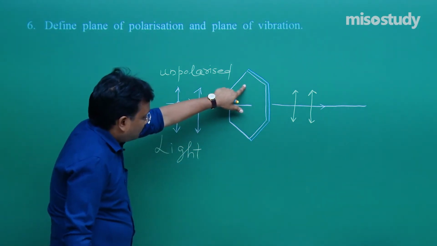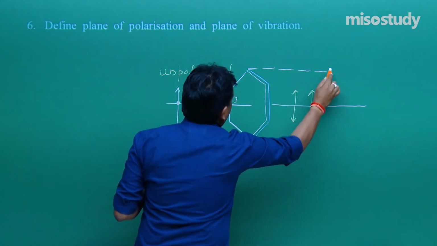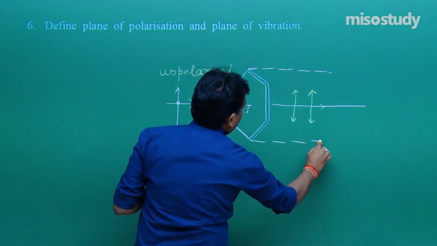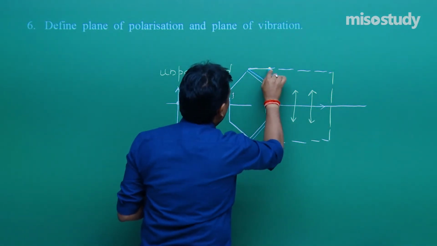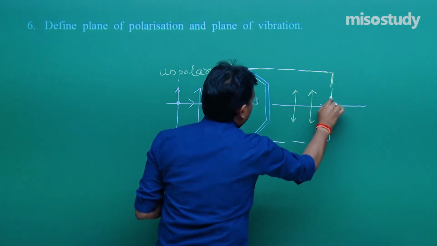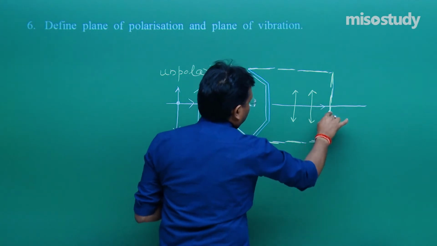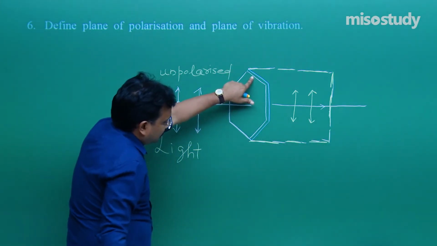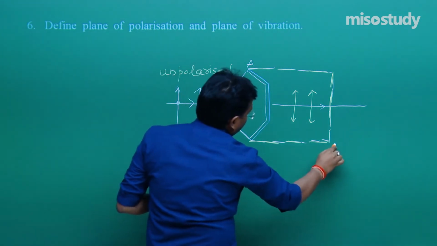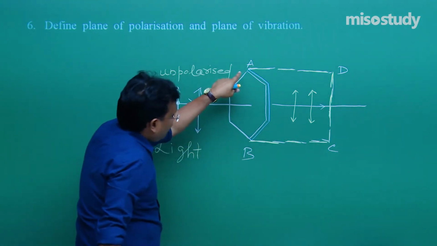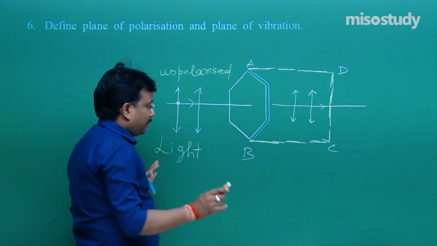So, from here do one thing, start like this. This portion that you may say A, B, C, D, this plane A, B, C, D is the plane of vibration.